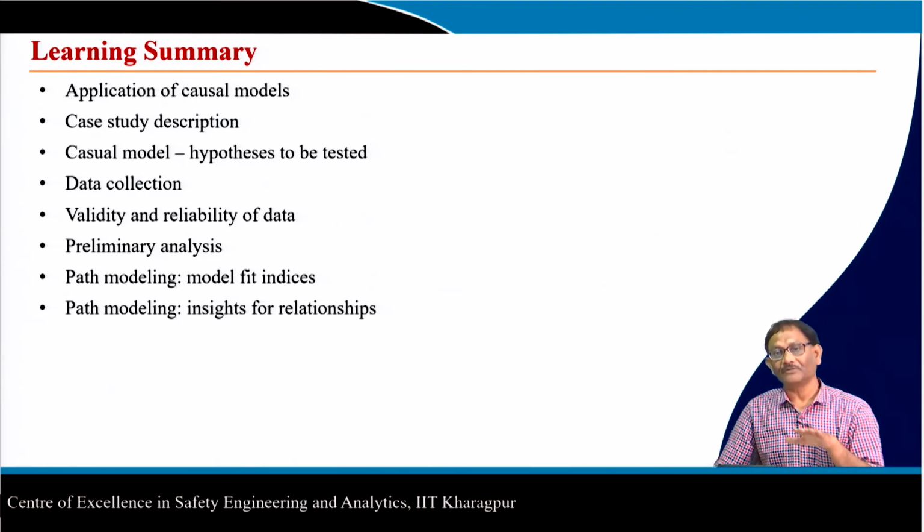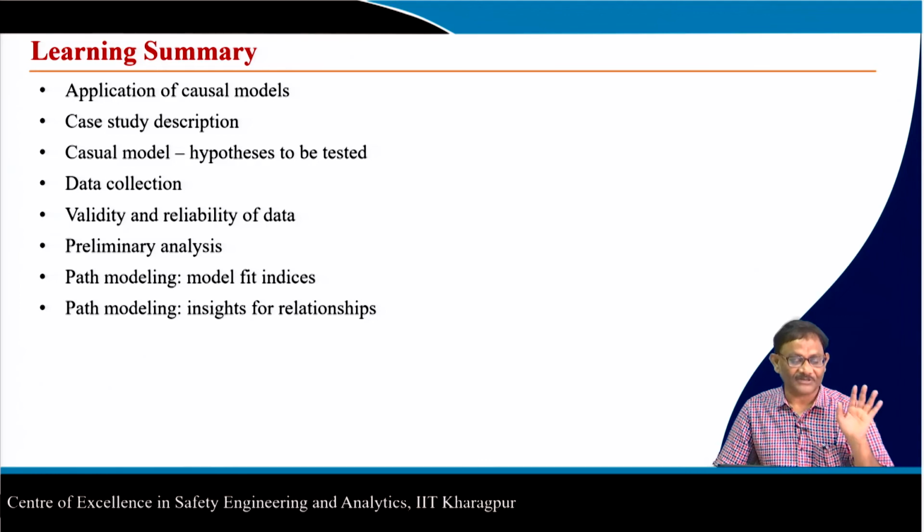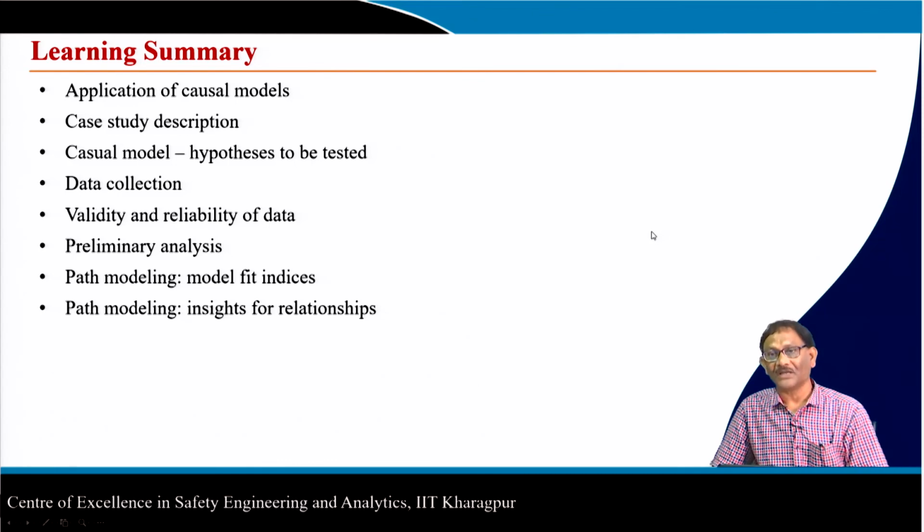On the application side, we have shown only the behavioral factors we considered. We have not considered all behavioral factors, only a few that we found important during the time of the study. But there are many other ways the model can be developed. In our first lecture of this week, we have already given three or four models.